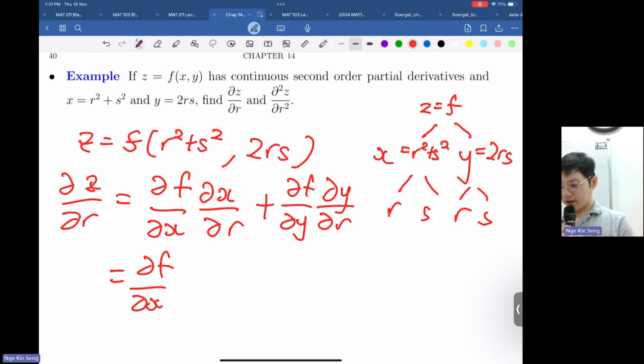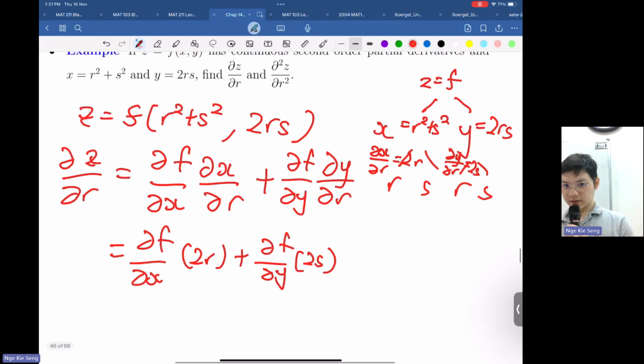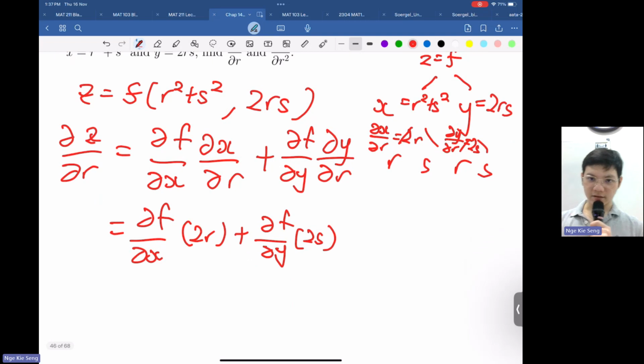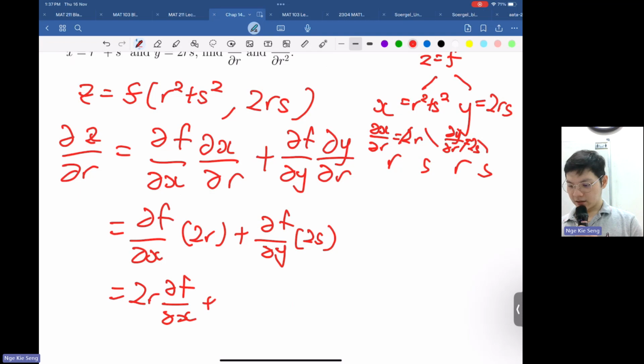So what is del x over del r? It's just 2r. What is del y over del r? 2s. Good. So we have 2r here plus del f over del y times 2s. So the answer is 2r del f over del x plus 2s del f over del y.